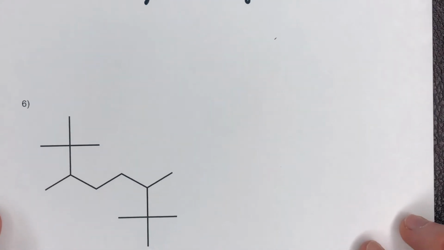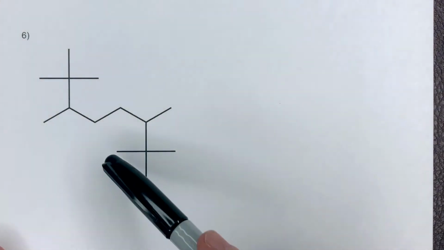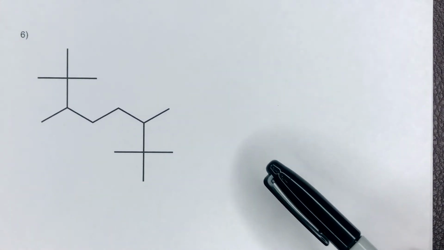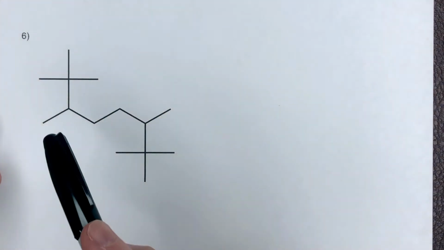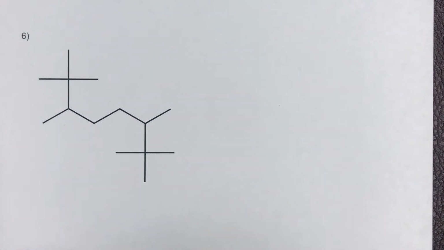Moving on to the next question. So here, it appears that we have 2 t-butyl groups, if you're familiar with this type of substituent here, but you would be incorrect because you have to be very careful about determining the longest chain, right? So if you go 1, 2, 3, 4, 5, 6, you would think it's a hexane and you would move on.